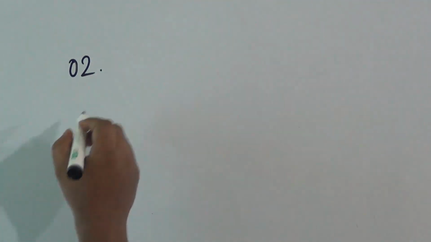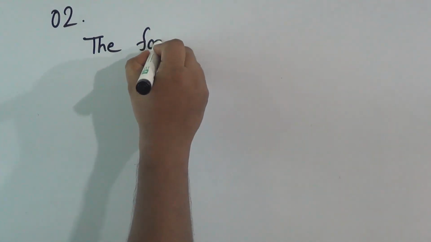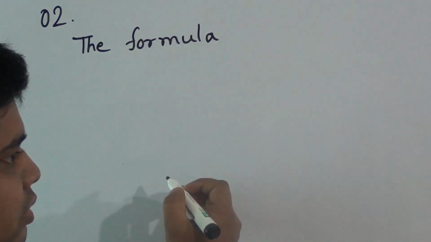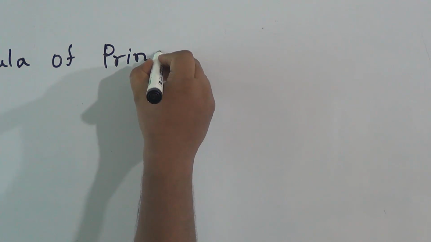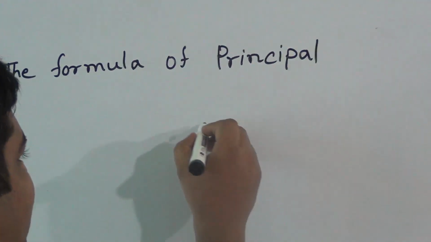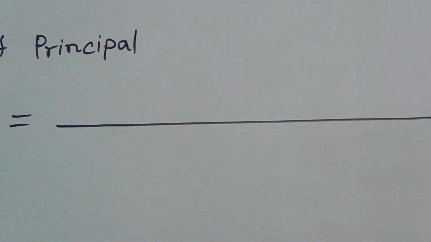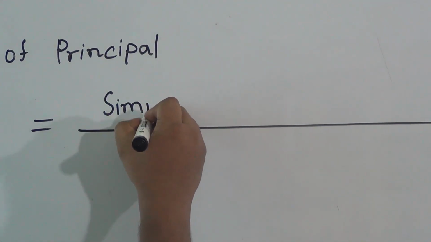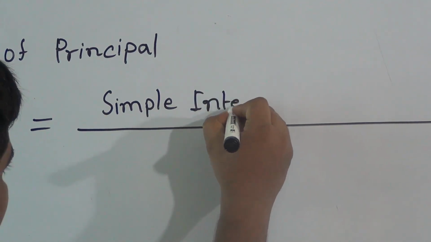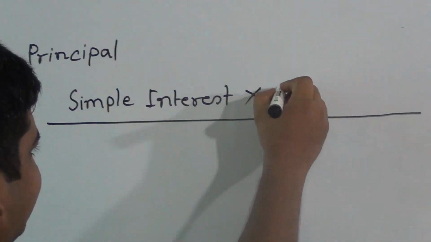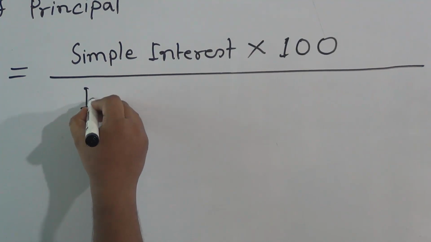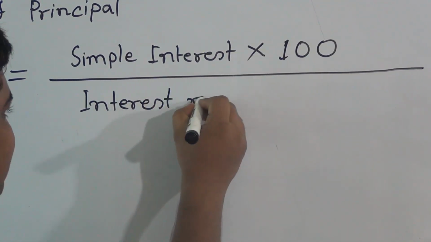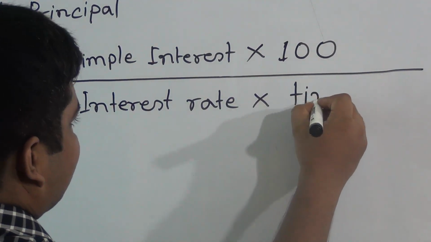So the formula of principal equal to simple interest multiplied by 100 divided by interest rate multiplied by time.